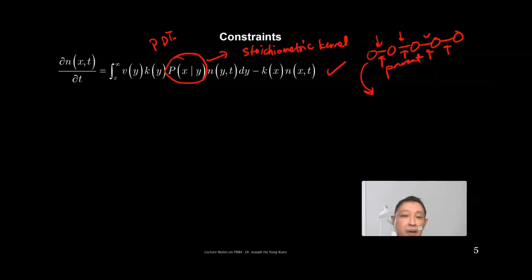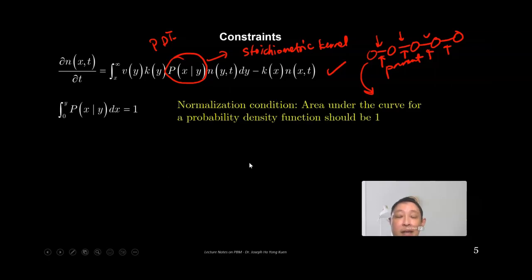So this probability density function, or the stoichiometric kernel, is instrumental in defining the behavior of the solution of the population balance equation. But there are certain rules that we must obey when we model this part. The first one is the normalization condition. When we write the stoichiometric kernel this way, it means that y here is the parent particle, and this is the daughter.